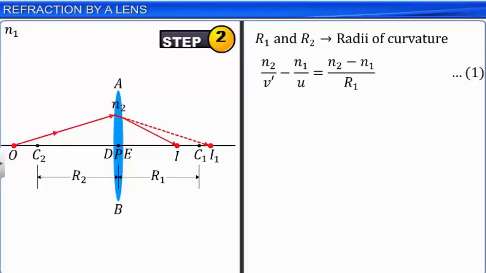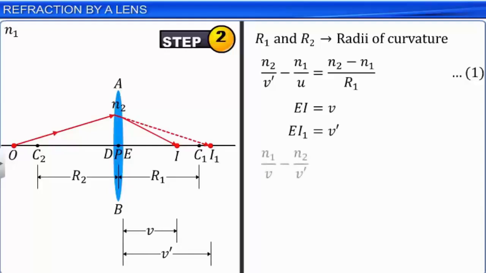On adding equations 1 and 2, we get N1 into 1 by V minus 1 by U is equal to N2 minus N1 into 1 by R1 minus 1 by R2. This can be written as 1 by V minus 1 by U is equal to N2 by N1 minus 1 into 1 by R1 minus 1 by R2.